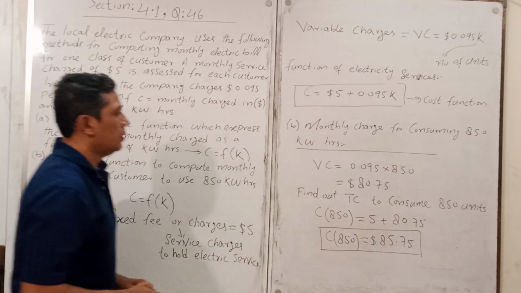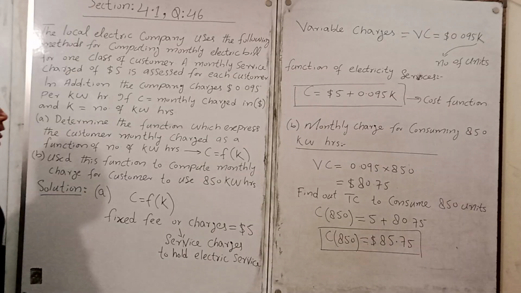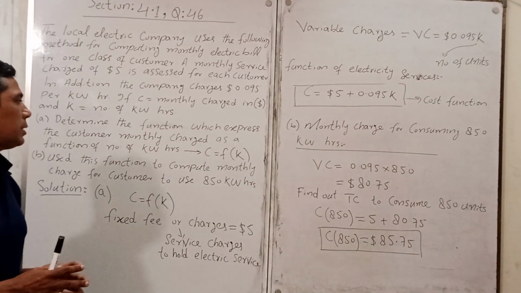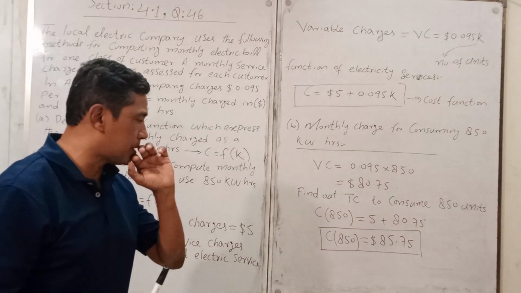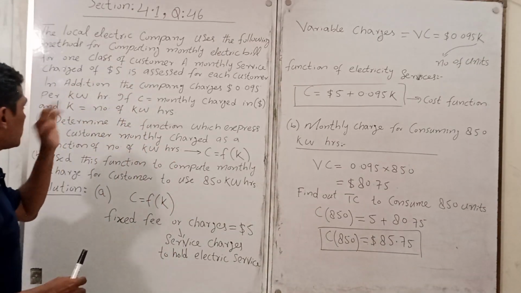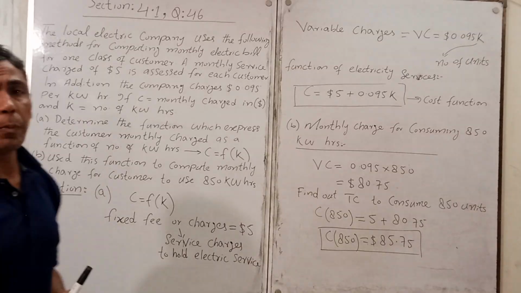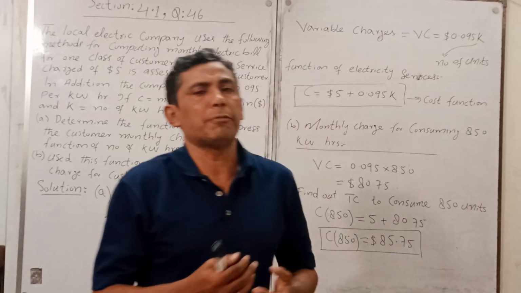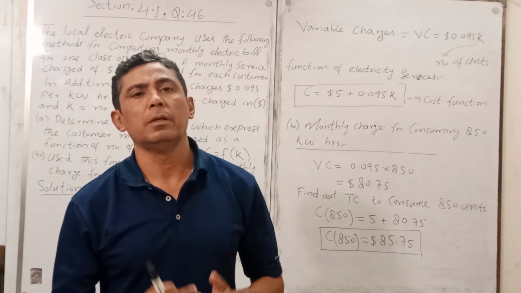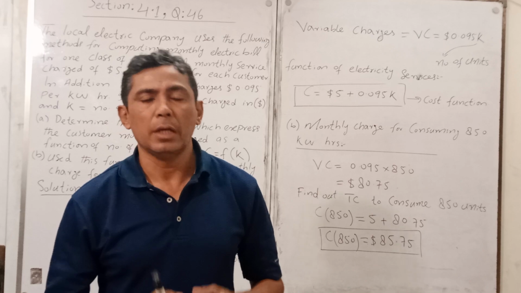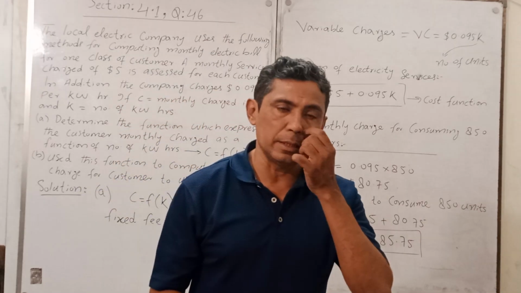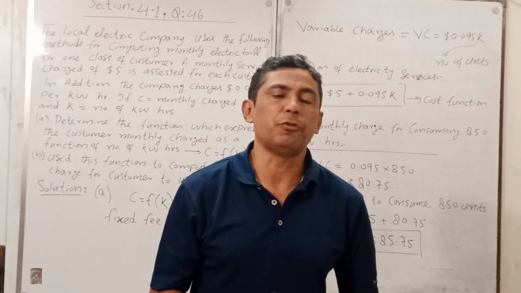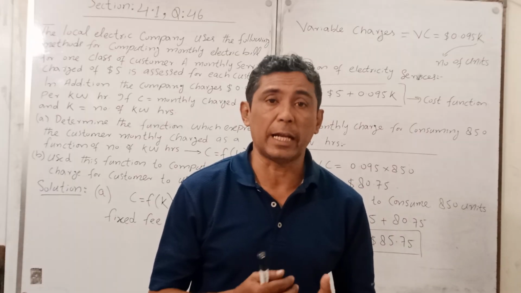Now this question is completed. Clear? Let me repeat again. In section 4.1, question number 46, you have to find the variable cost, total cost, and cost function to hold services for K Electric, or services for electricity.